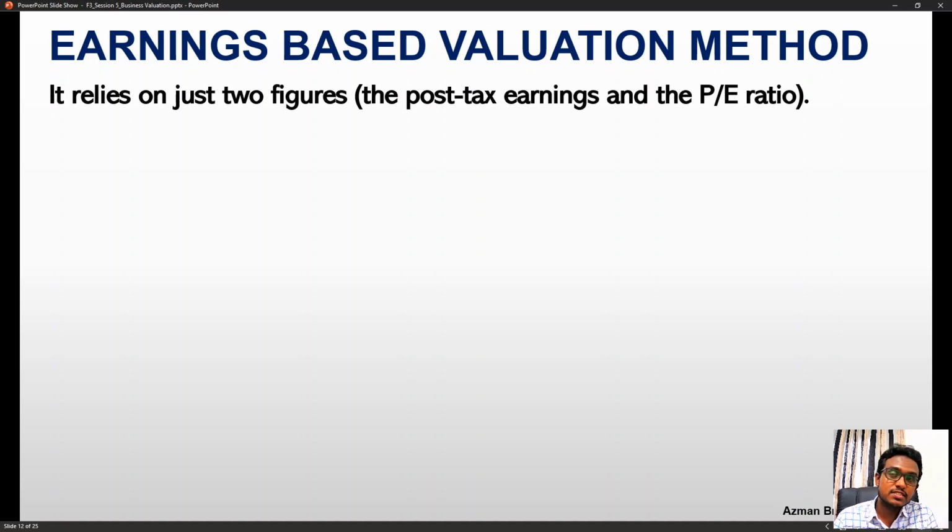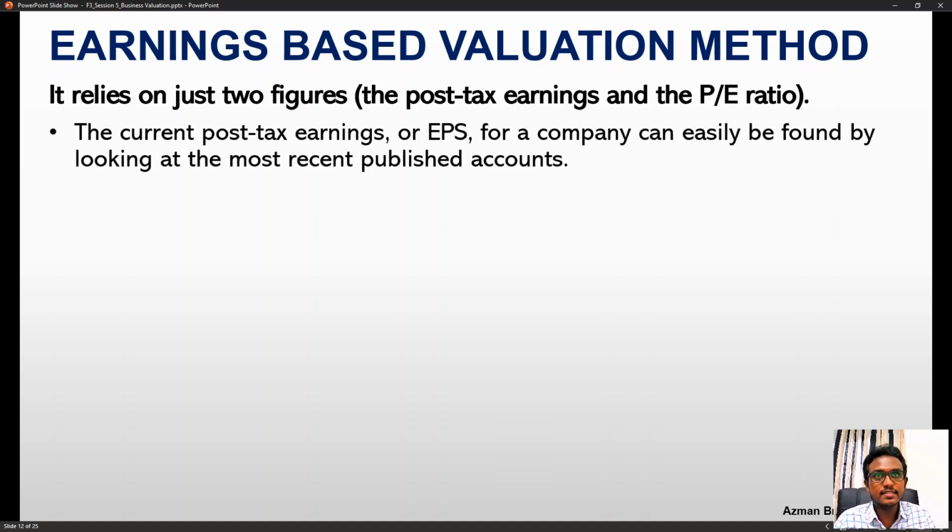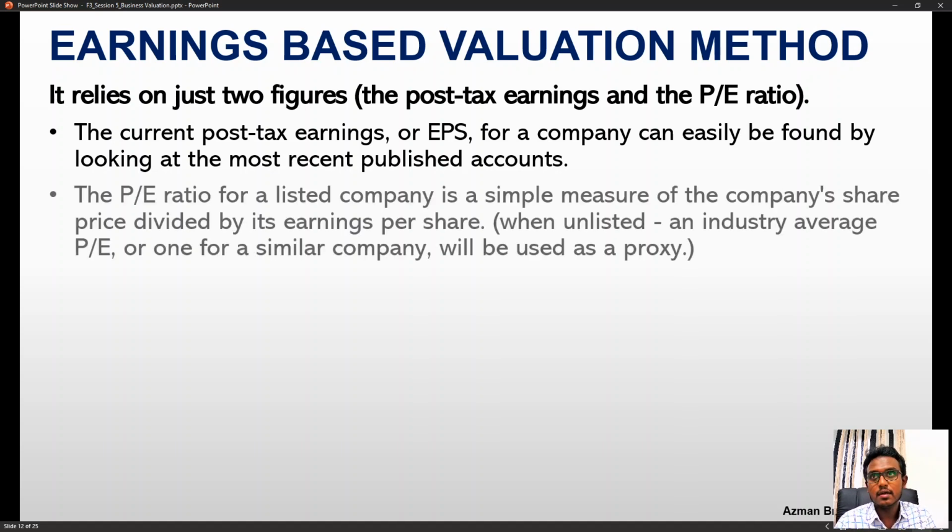It relies on just two figures, the price to earnings multiple and the post-tax earnings. The current post-tax earnings or EPS for a company can easily be found by looking at the most recent published accounts. Whereas the PE ratio for a listed company is a simple measure of the company's share price divided by its earnings per share.